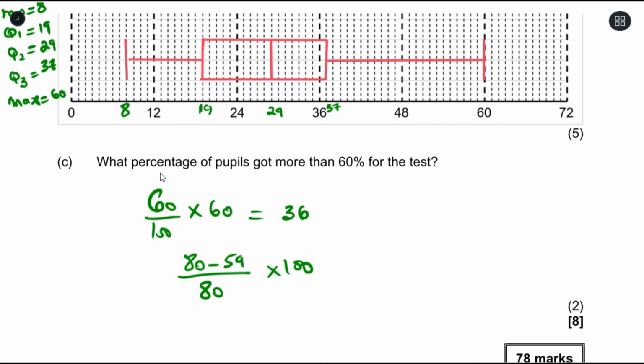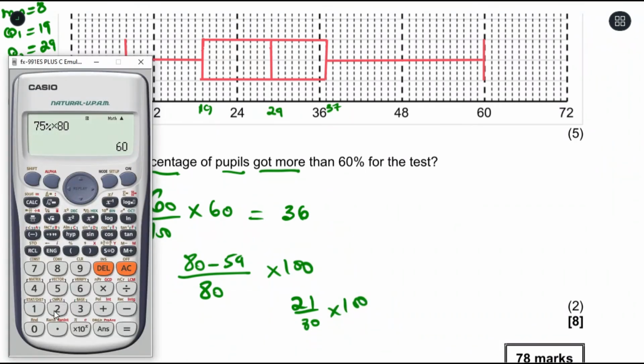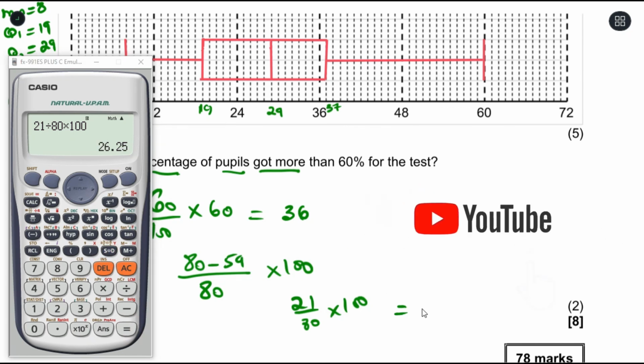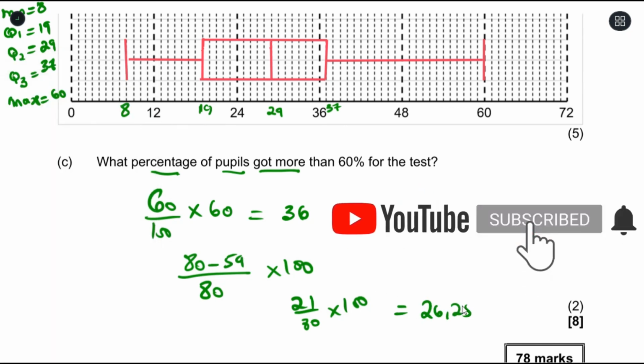That is 21 over 80 times 100. Putting this in your calculator, 21 divided by 80 times 100 gives you 26.25%. And that's it.